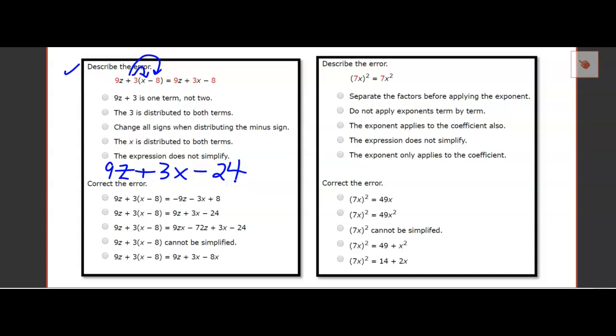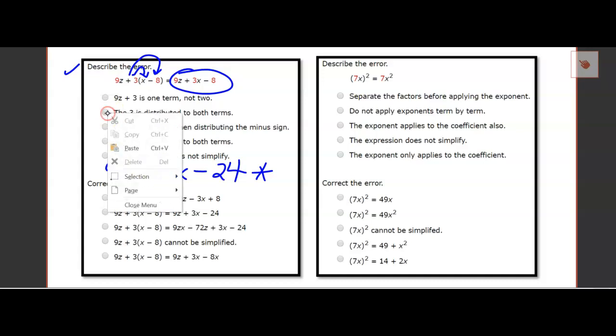So what was the mistake made? Looking at the correct answer here and the incorrect answer up there, it appears that they didn't distribute the 3 to the 8. They distributed it to the x, but not to the 8. So the 3 has to be distributed to both terms.